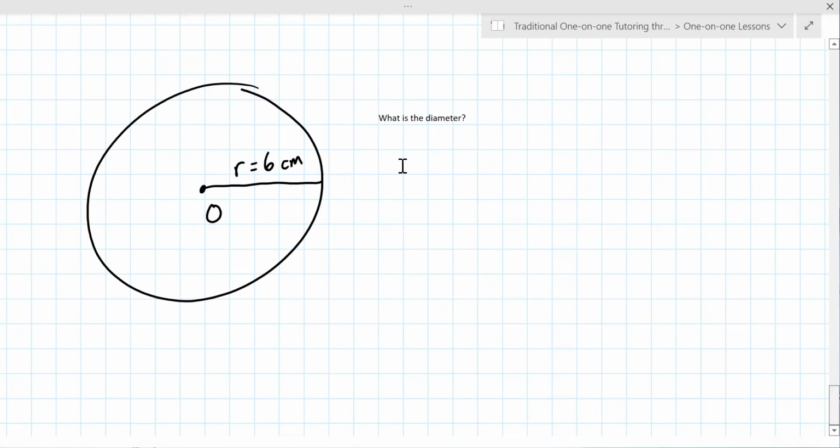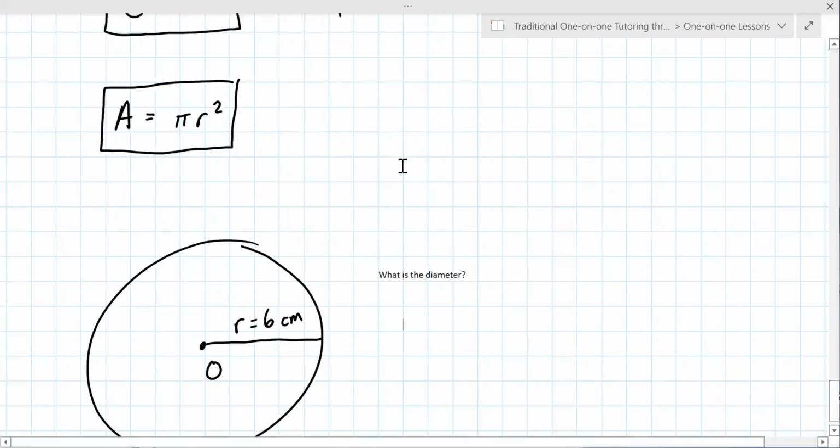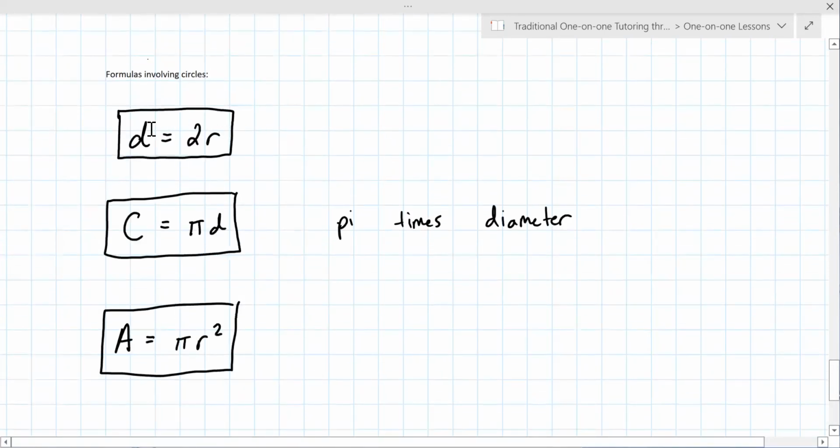The diameter is r equals 6 centimeters. Do you have a formula for diameter? Yeah, d equals 2 pi. That is not what I wrote down. d equals 2r. Did you write this down?